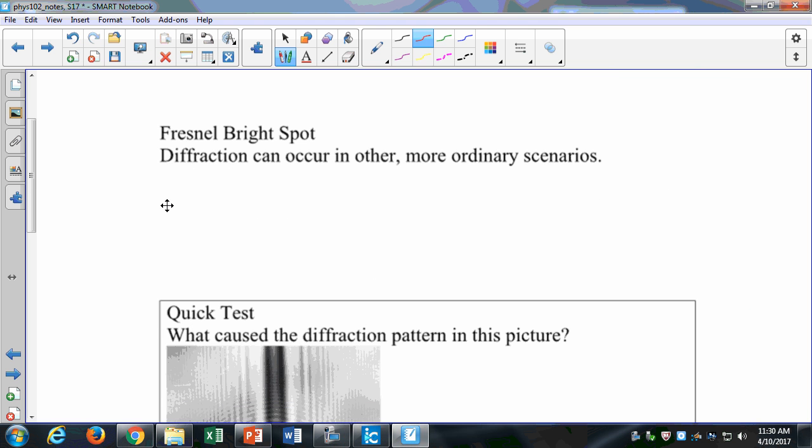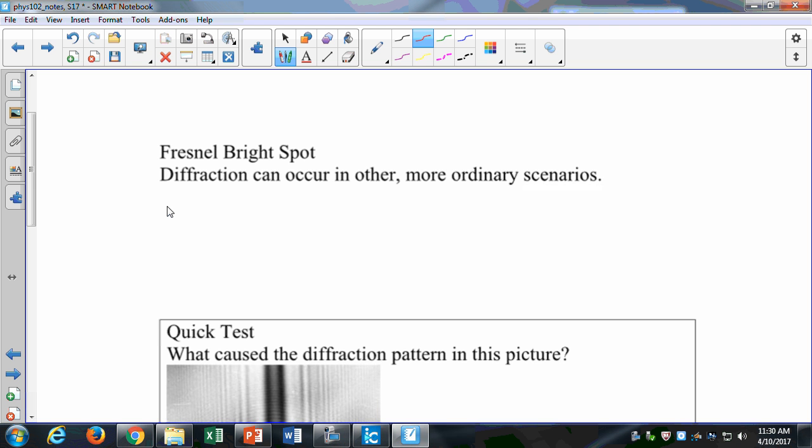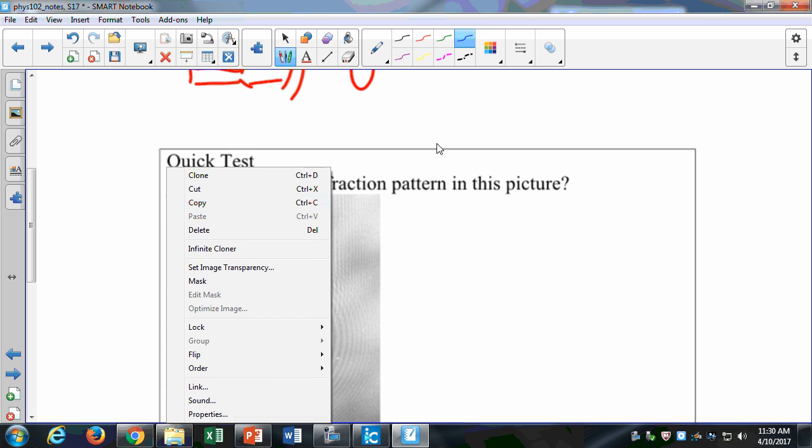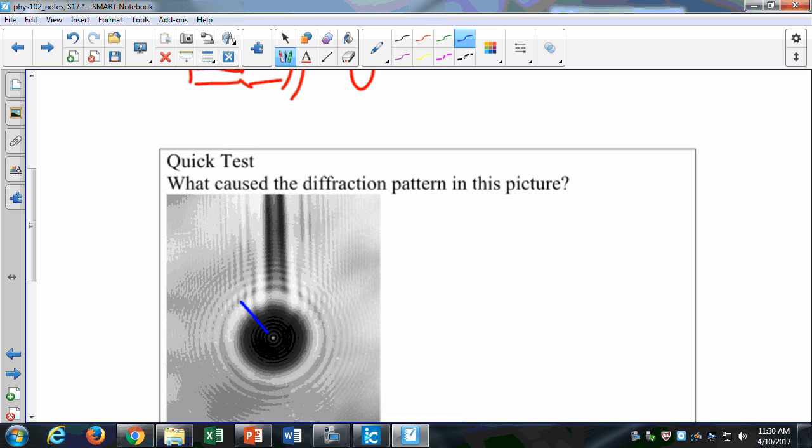Let's see. Fresnel bright spot. This occurs in other places as well. You can get diffraction in all sorts of scenarios. And a Fresnel bright spot just occurs, like let's say that you have some round thing and you shine a light onto it. This is a flashlight. I'm shining light onto it. It experiences diffraction as well. And what happens, you get a diffraction pattern that looks a lot like this, where it doesn't just cast a shadow, but instead you get a bright spot here in the middle.